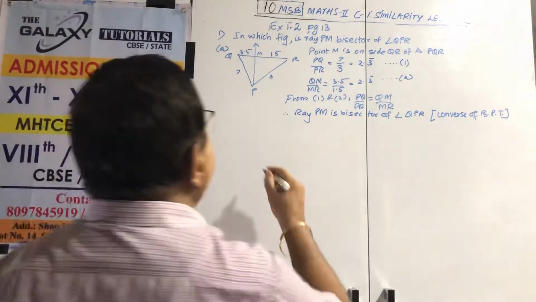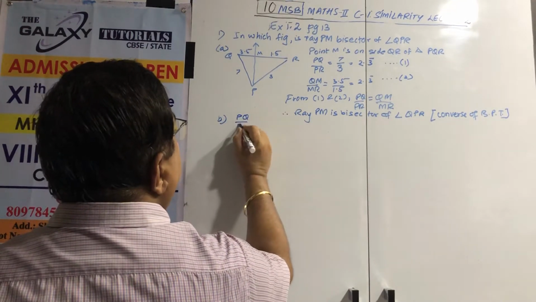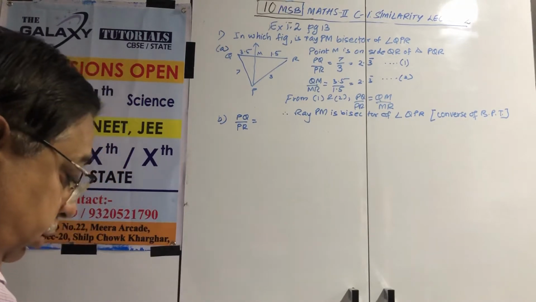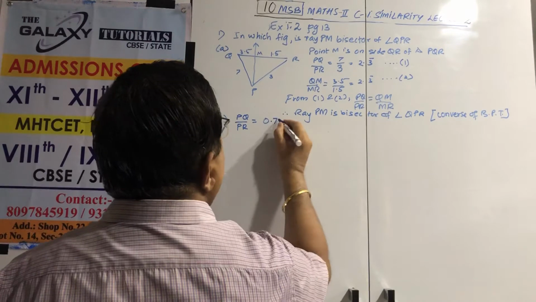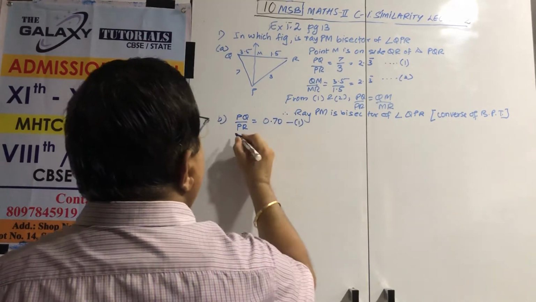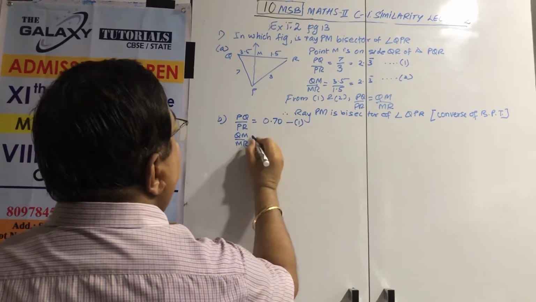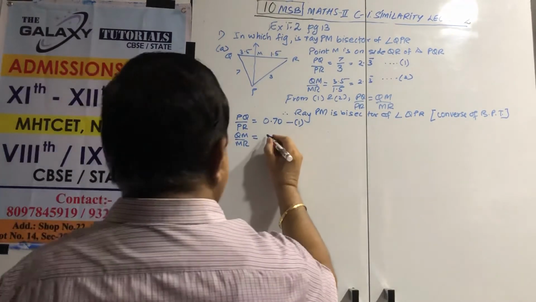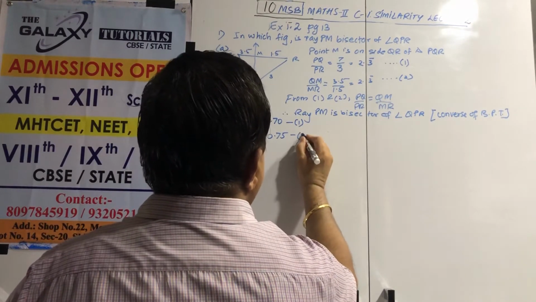In the second sum, I get PQ upon PR, as given in my textbook, to be 0.70, that is 1. And the second ratio, QM upon MR, when you divide the sides, will be 6 upon 8, that is 0.75, number 2.